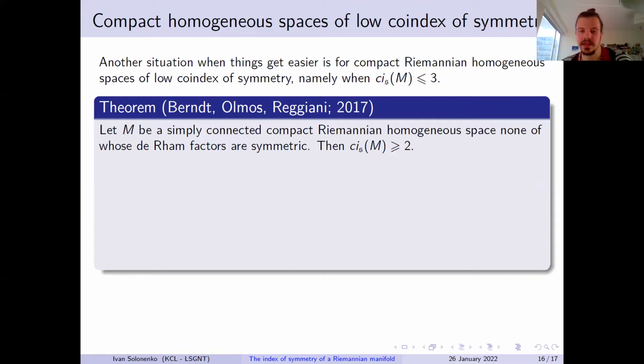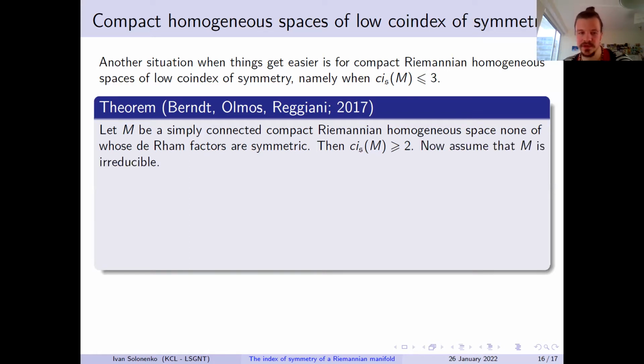Let M be a simply connected compact Riemannian homogeneous space. For a second, we allow it to be de Rham reducible, but we require that none of its de Rham factors are symmetric spaces. Then the co-index of symmetry cannot be 1. It cannot be 0 because it's not a symmetric space, and it cannot be 1. So it's either 2 or higher.